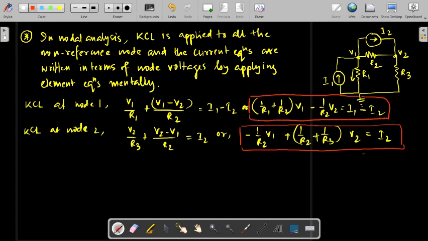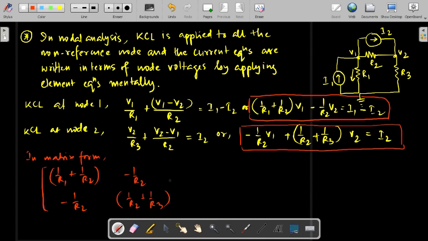Now if I write these two equations in matrix form, it can be written as: 1 by R1 plus 1 by R2 here, minus 1 by R2; and here minus 1 by R2, here 1 by R2 plus 1 by R3, multiplied by V1 and V2, equal to I1 minus I2, and I2.